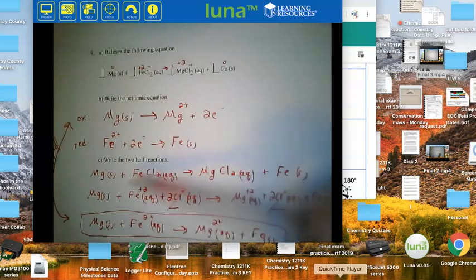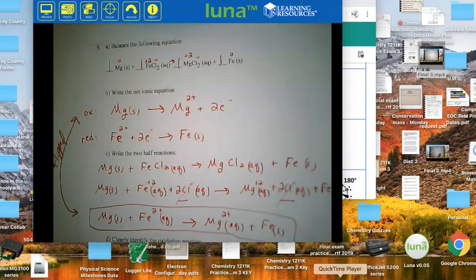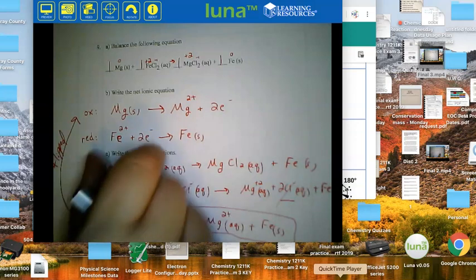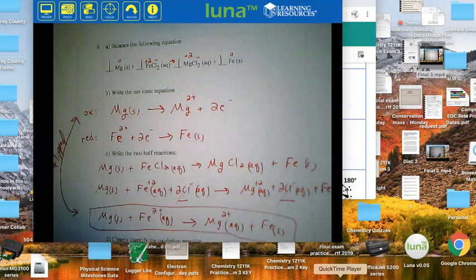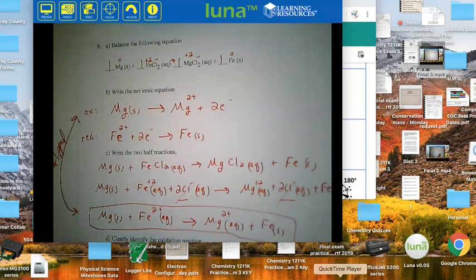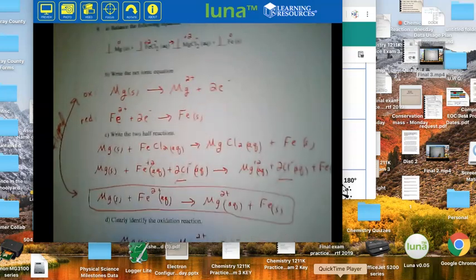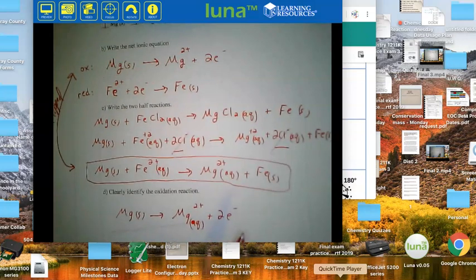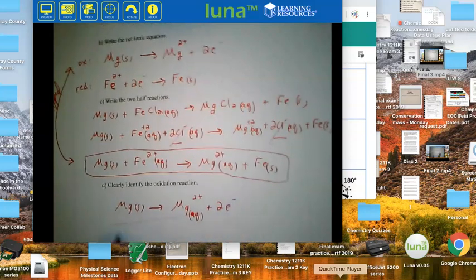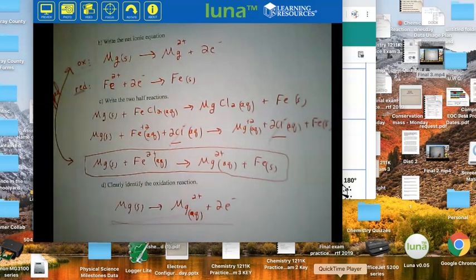When they ask you to write half reactions, that's what you're having to do. You're splitting up the metals, and showing if they're losing electrons or gaining electrons, being oxidized or being reduced. All right, part D, clearly identify the oxidation reaction. Well, I wrote it out here, but you can also just label it, and that's fine too.